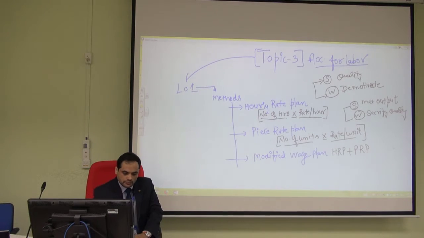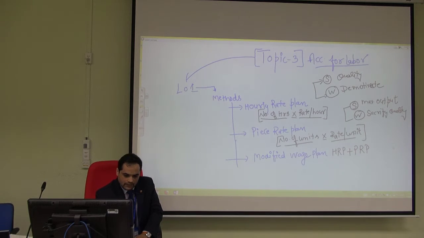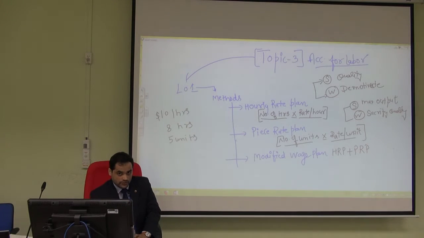For example, the company pays $10 per hour, and the worker works 8 hours in a day, right? And the company requires the worker to produce 5 units in 8 hours, right?